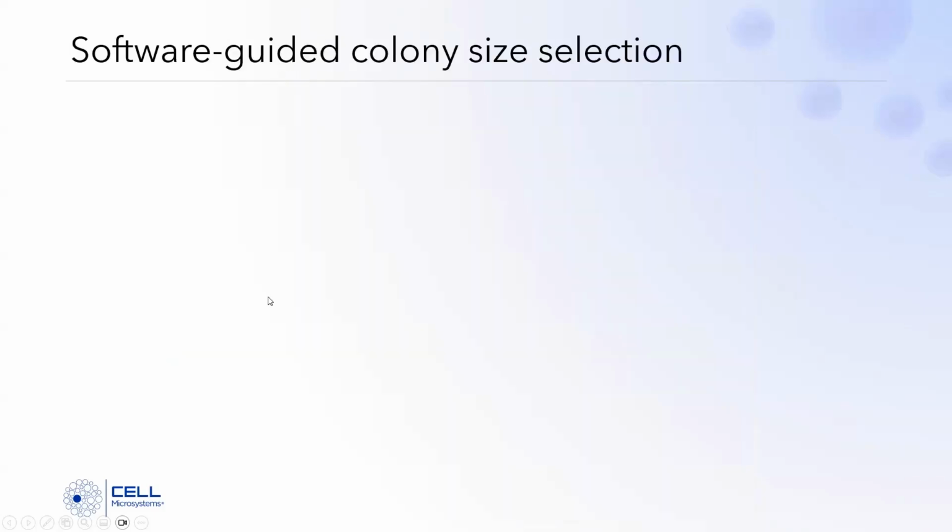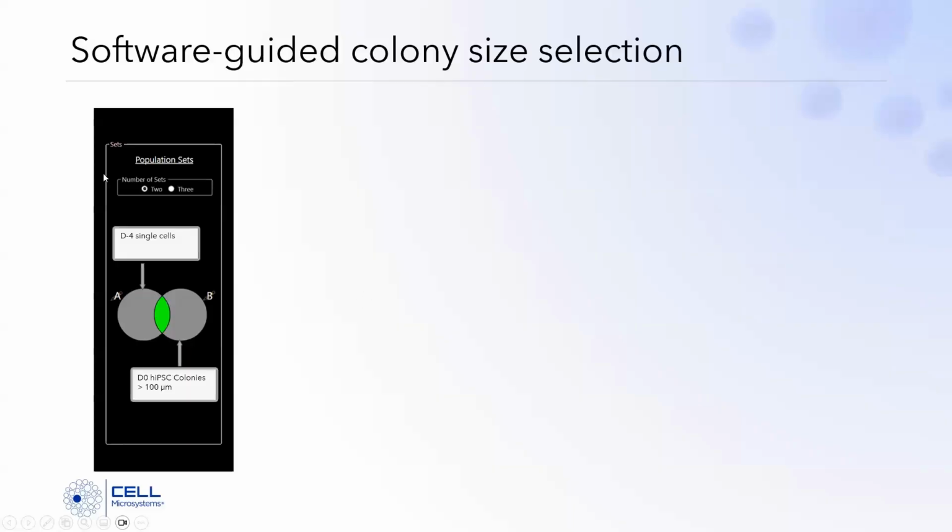Now, like I said, there are 10,000 positions in this array. No scientist would want to look through 10,000 different colonies and try to identify which ones were the right size by eye, and that is where our software-guided colony size selection comes in. Using our Brightfield-driven software, we're able to use the images generated on our platform to identify positions that have single cells on the day of cell seeding.